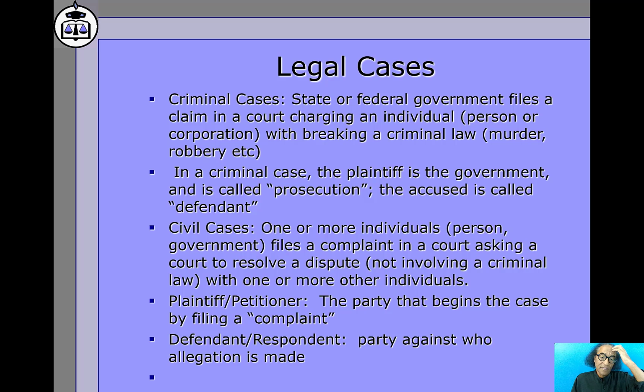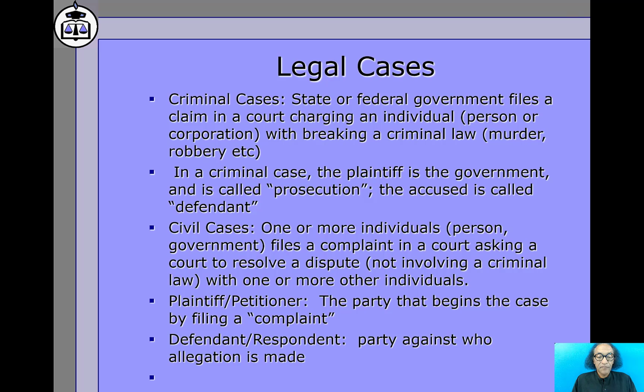Oftentimes, in a civil case, the dispute involves money or personal injury or land or some other aspect of law or rights in which the outcome is not criminal penalty, unless, of course, the civil case is transmuted into some kind of criminal case. So ultimately, in a civil case, damages are calculated in terms of monetary compensation.